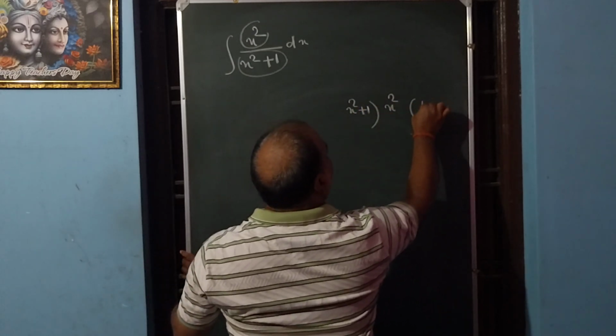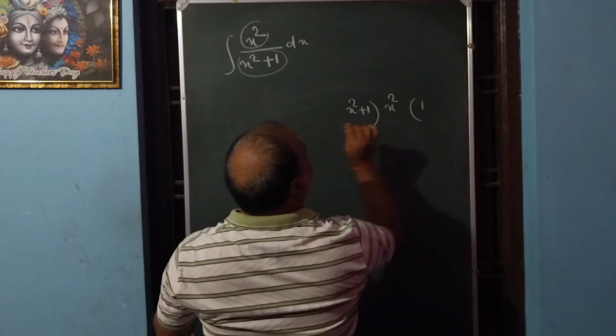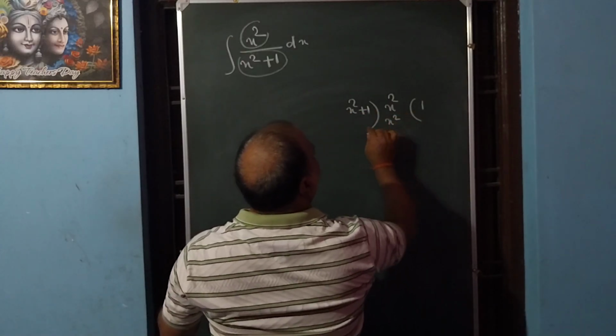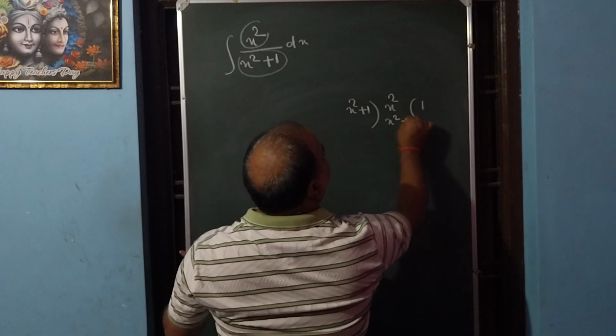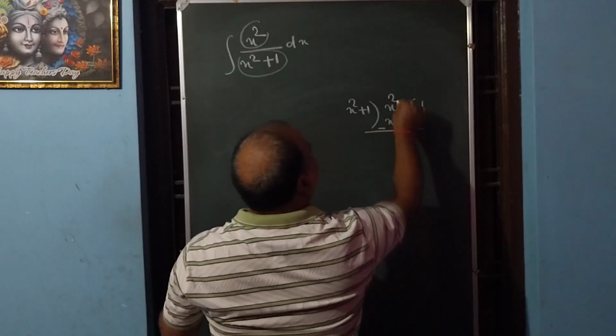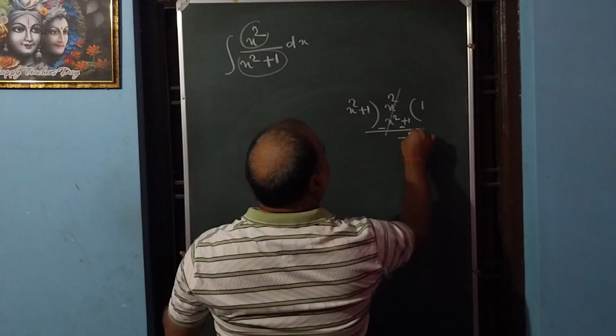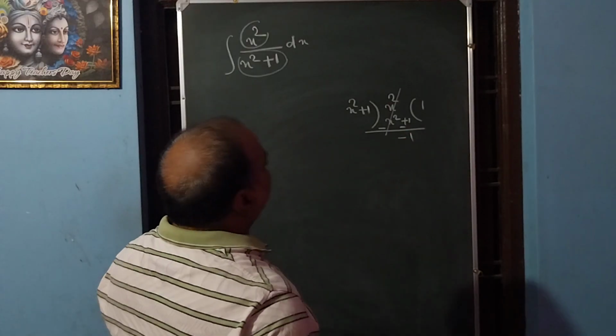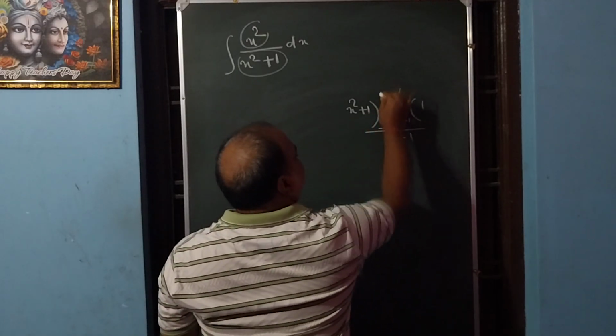So you have to take 1. 1 multiplied with x square, we get x square. 1 multiplied with this 1. Then minus, so that is cancelled. It is minus 1.